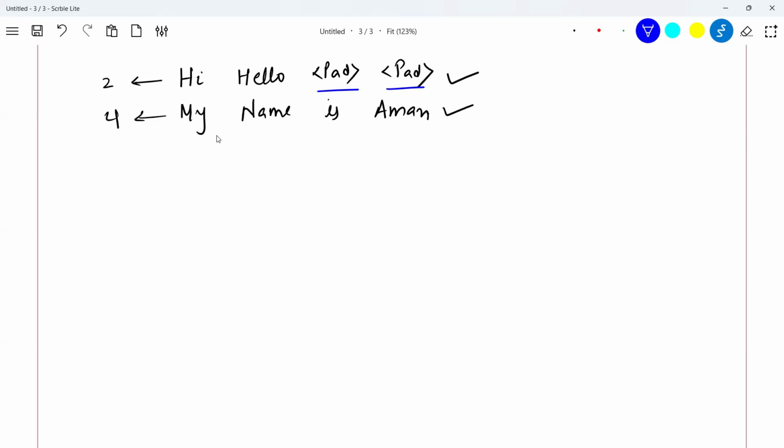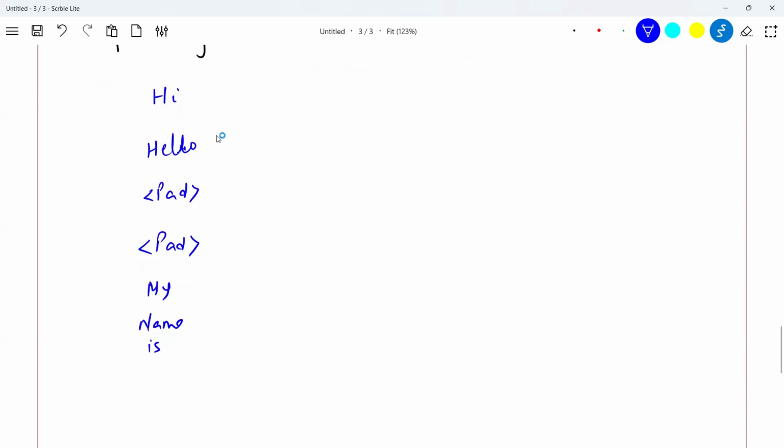One key thing is that for padding, we do not have any embeddings, so it will all be 0. Now your matrix will be prepared as: hi, hello, padding, padding, and then my, name, is, Aman. So from here to here is one row of the data, or one set of input.